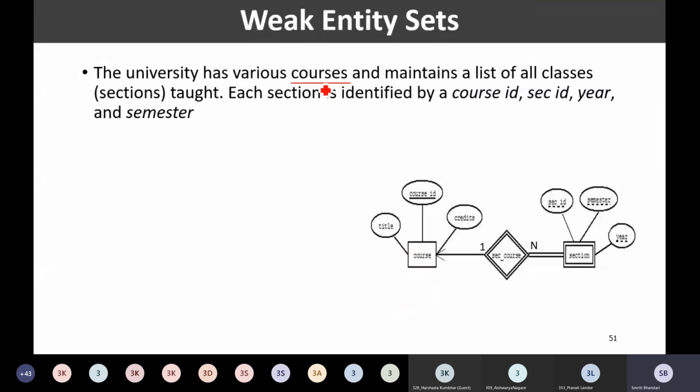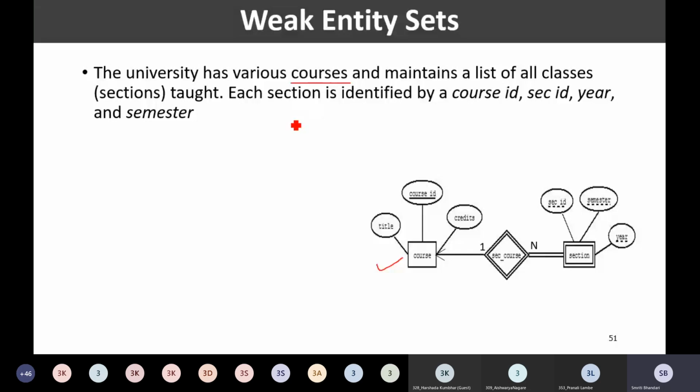So what do we have? We have this course, which is the entity set as shown here. This entity set course has attributes like course ID, title of the course and credits. And as I mentioned, we want to store the sections taught under each course.